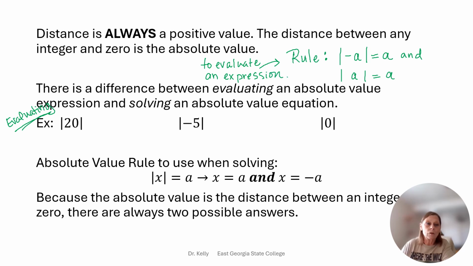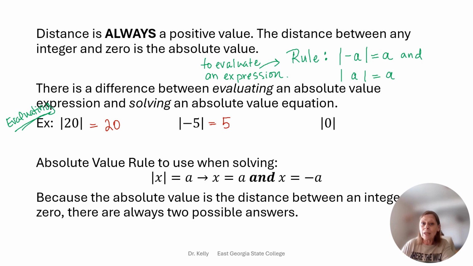Okay, so let's get down here and solve these real quick. The absolute value of 20 is just 20. We take whatever the number is on the inside and we remove the negative sign. This didn't have a negative sign. Here, the absolute value of -5 is equal to 5.